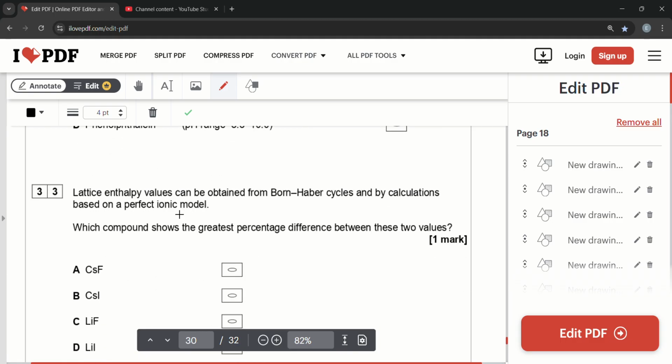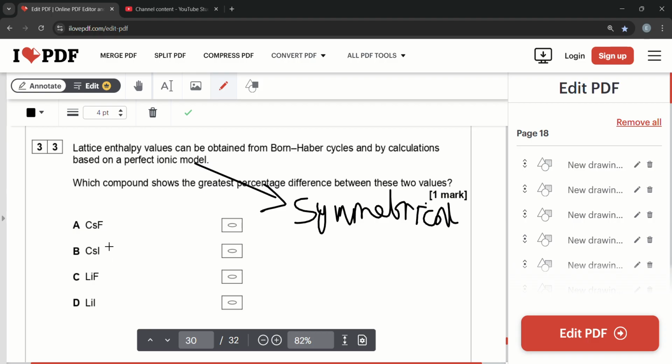Which compound shows the greatest percentage difference between these two values? Lattice enthalpy values can be obtained from Born-Haber cycles and by calculation using a perfect ionic model. The perfect ionic model assumes that it's symmetrical and the charges are distributed evenly between the ions, right? So if we're trying to find the greatest percentage difference, we want a small cation and a big anion, a negatively charged ion.